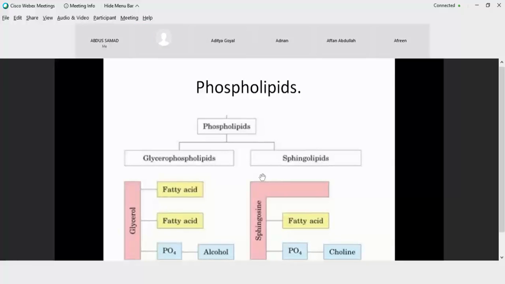So this is the most common sphingolipid present in the human system. Now at this stage, you have both types of phospholipids, one with a glycerol backbone and another with a sphingosine backbone. Glycerol is also an alcohol, sphingosine is also an alcohol. Glycerol is derived from carbons. Sphingosine also has a nitrogen atom, so it's an amino alcohol.